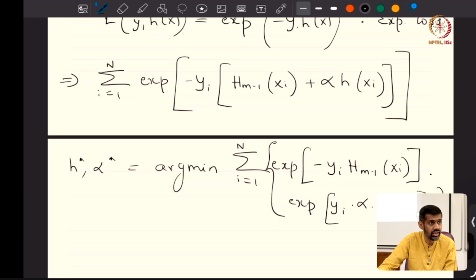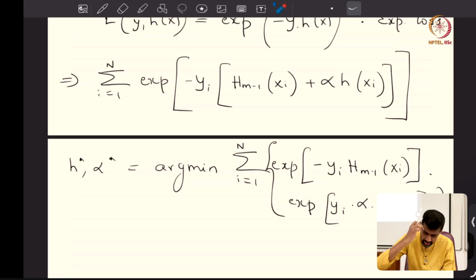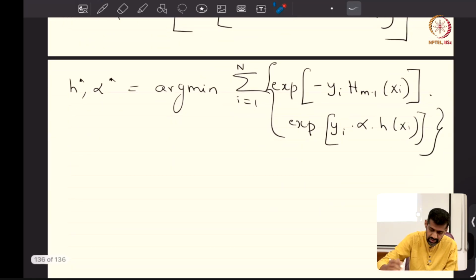Is all right. So, what did we do? I just split exponentiations into product. Now, we had e power a plus b, I wrote that as e power a times e power b. Okay. This is what we need to optimize now.